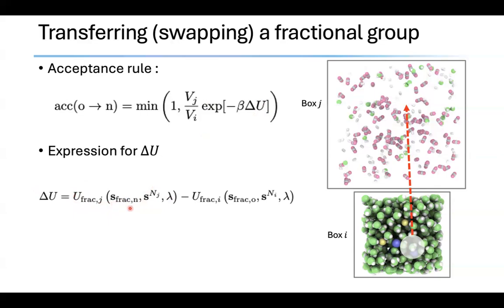And the difference between the new configuration and the old configuration contributes to delta U. I once again stress that while you're swapping the molecule from box I to box J, the value of lambda is preserved and is not changed. The only additional change is that you have the volume ratio of box J to box I.